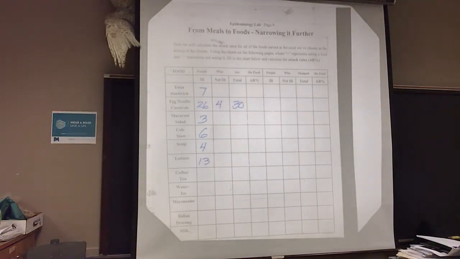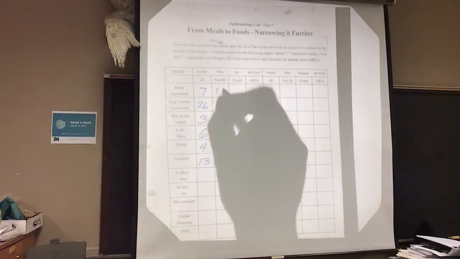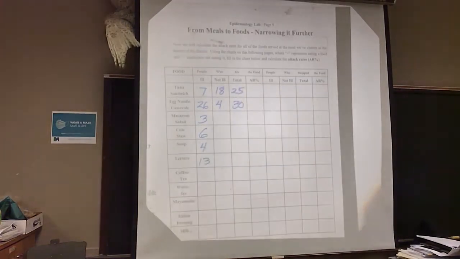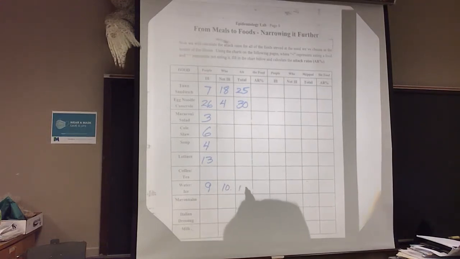At some point, you're going to give me the attack rate. I have 18 for the second and third. I got 9 for the first page for the water and ice. And then I add the second and third together, 10. I'm lost.